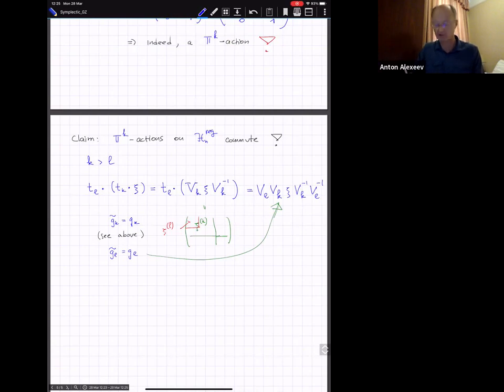Now, the complicated direction is as follows. We need to compute Tk Tl Xi.